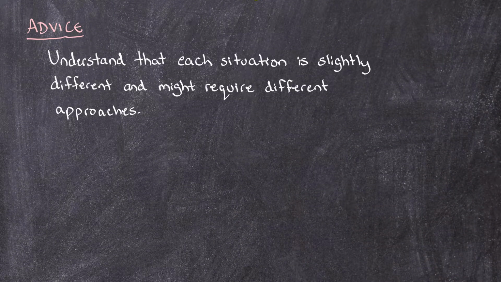Now the second bit is more of a piece of advice. You should understand that each situation is slightly different. In fact, sometimes it can be or look to be incredibly different. And so each situation might require different approaches. Otherwise, there really is no hard and fast tactic to tackling negative exponents other than following the order of operations.